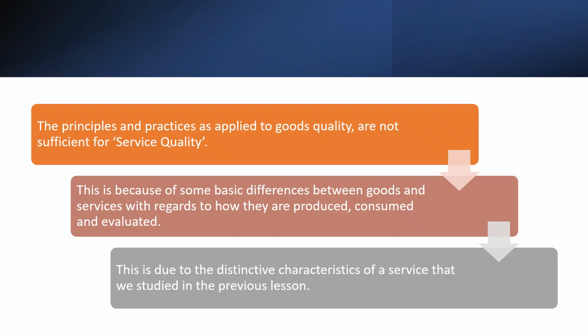We have seen the characteristics of a service in the previous lesson. If you haven't, please go through them. You can simply pull out that lesson in the Google Classroom. It is very important to understand those distinctive characteristics of a service, because we cannot apply the same principles that we apply for production, consumption, and also evaluation of goods to services.